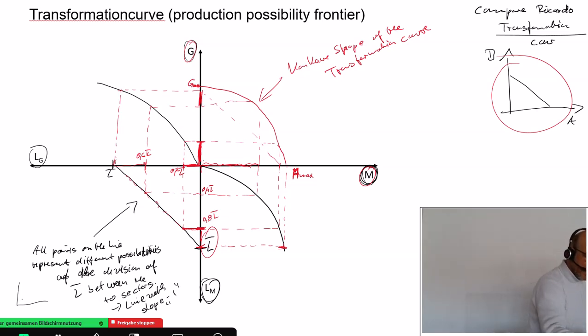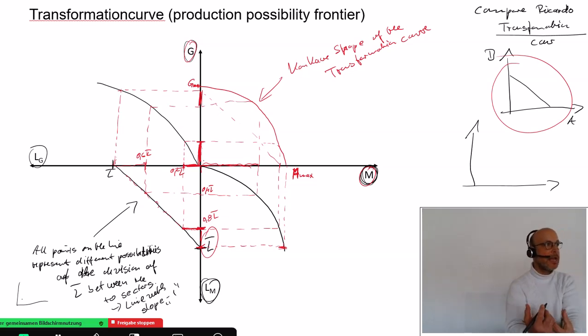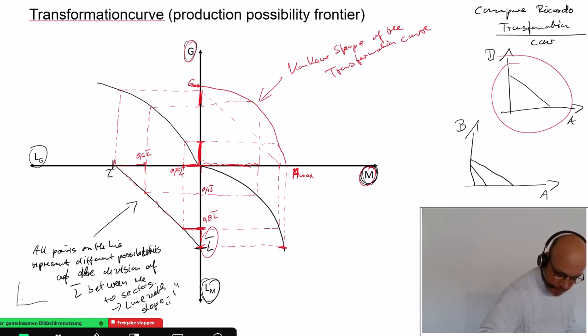And compare this again with our Ricardo model when we aggregated the two countries, B and A, starting with these two production possibility frontiers. Adding these two up has meant moving the flatter one outward and then adding up the steeper one on the right side.